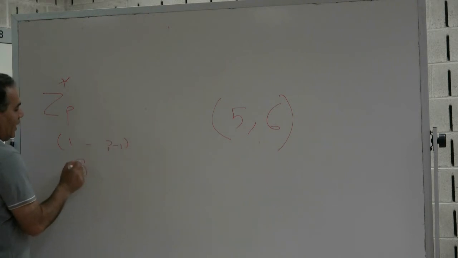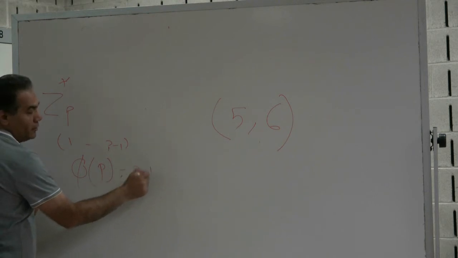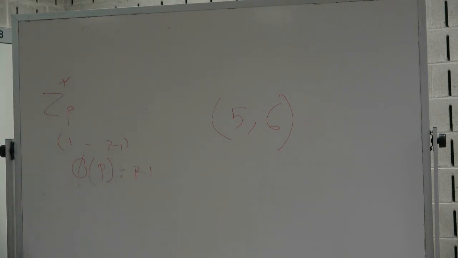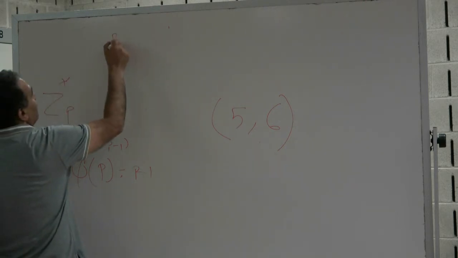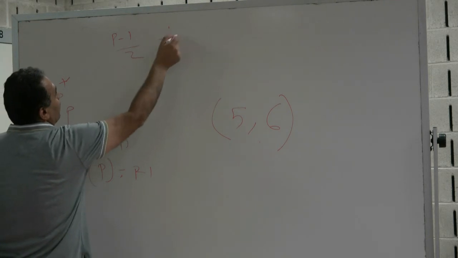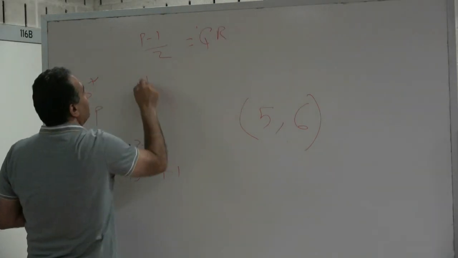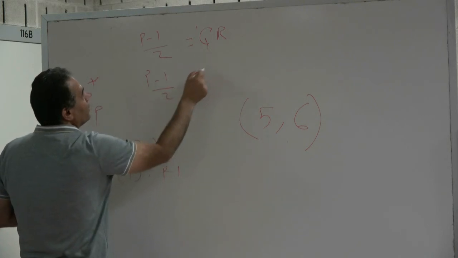So how many elements are relatively prime? p minus 1, right? So of the p minus 1 elements, exactly p minus 1 over 2 elements are quadratic residue. So we have p minus 1 over 2 QR and p minus 1 over 2 QNR.